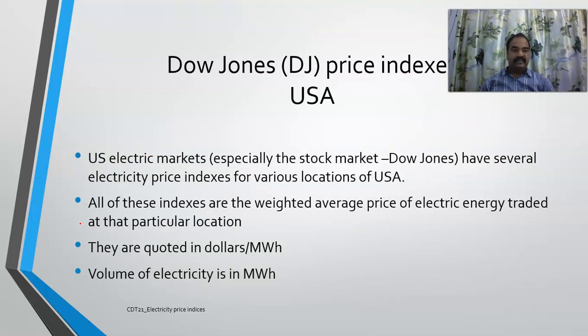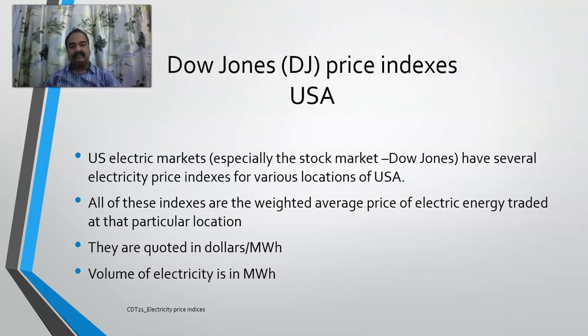So the standard one which has been used in USA is the Dow Jones Price Indices. See, in particular, as I have already said in unit number 1 and 2, there are so many US electricity markets. Especially the stock market of Dow Jones has several electricity price indices for different locations of USA. You know that USA is having somewhere around 50 states, and there are so many electricity markets in USA.